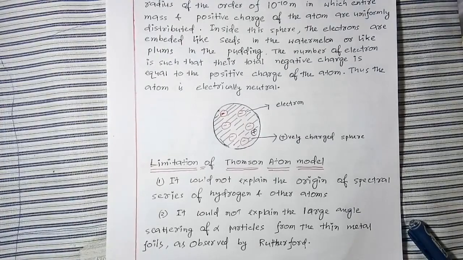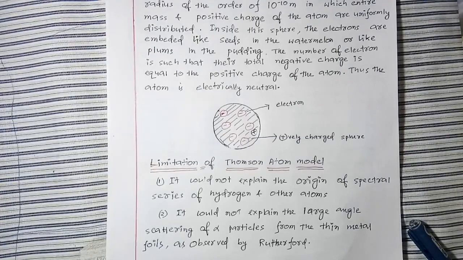And what are the limitations? It could not explain the origin of spectral series of hydrogen and other atoms, that we will discuss. What this series is, we will clearly discuss in the Bohr model. And again, it could not explain the large angle scattering of alpha particles from thin metal foil as observed by Rutherford.